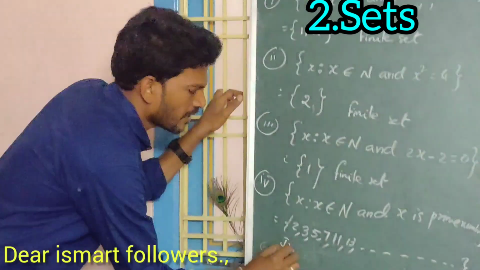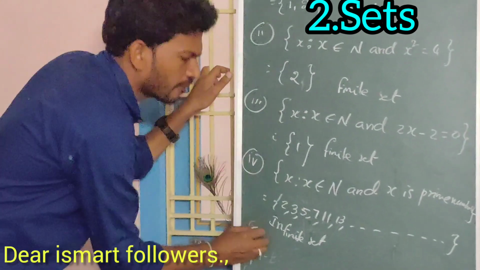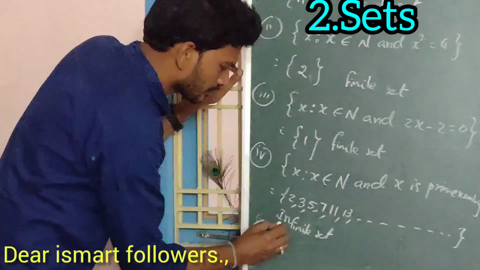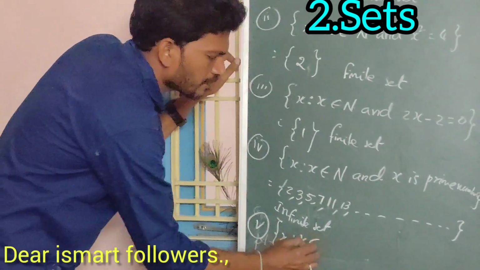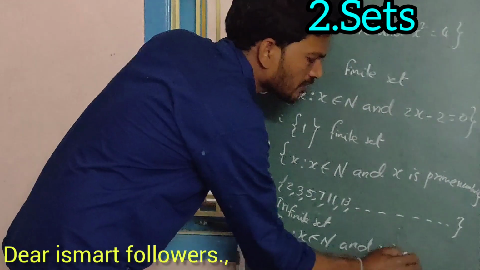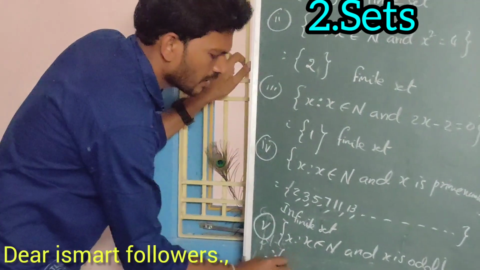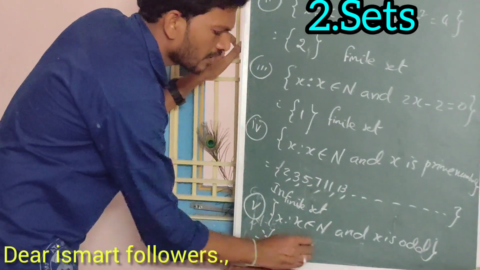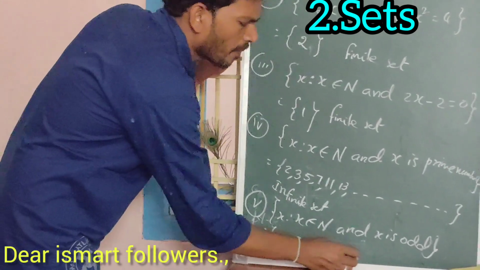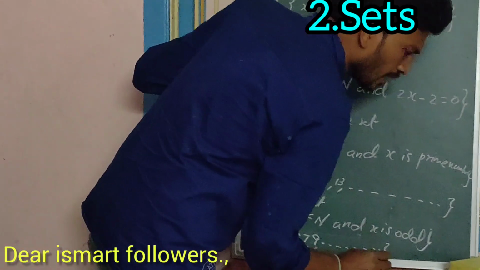Infinite set. Next, the fifth one. X such that X belongs to N and X is odd. Which numbers are odd? 1, 3, 5, 7, 9. How many odd numbers are there? So many. Infinite set.